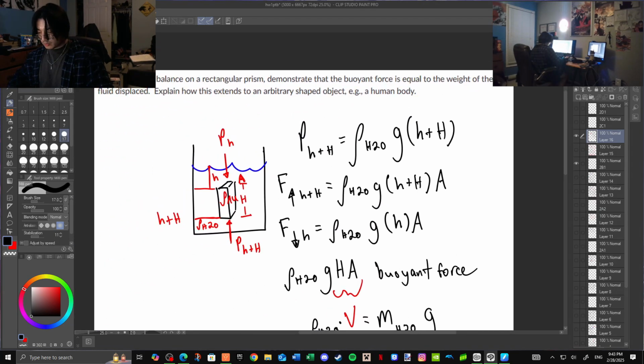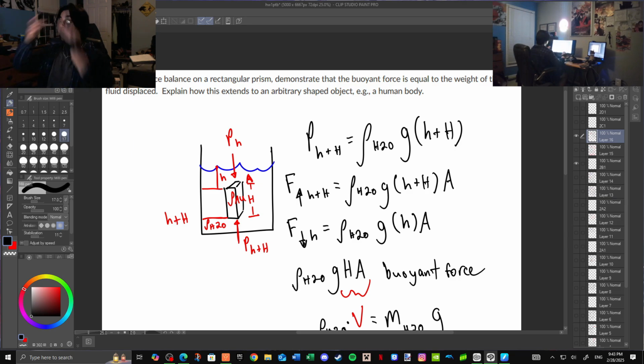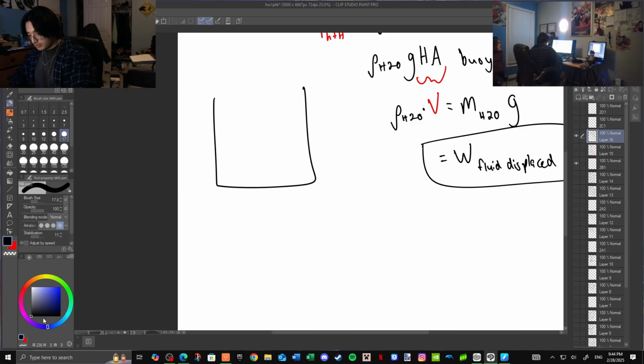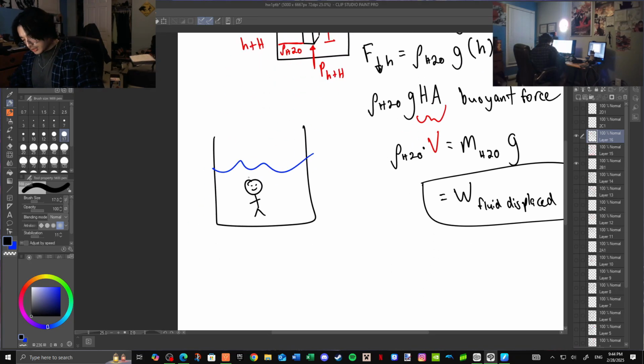And so how can we extend this to just any arbitrary object? Let's do a little example real quick. I don't know, it's a person. To apply the same principle, we could just divide this person into individual rectangular prisms.